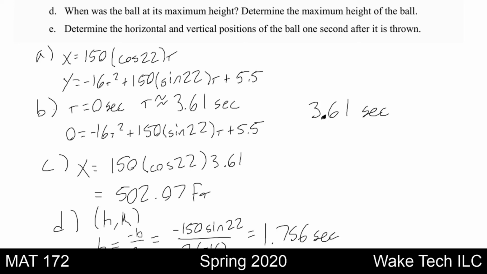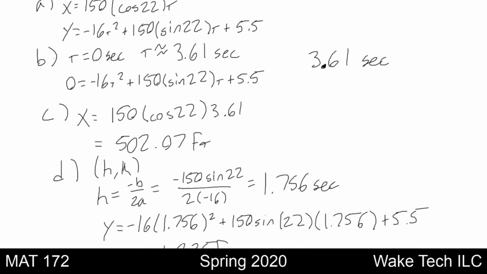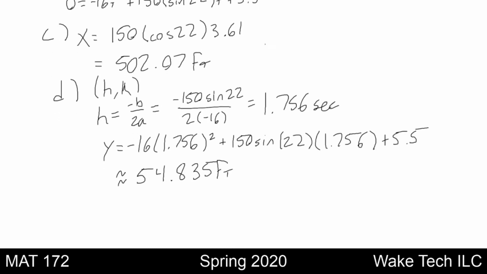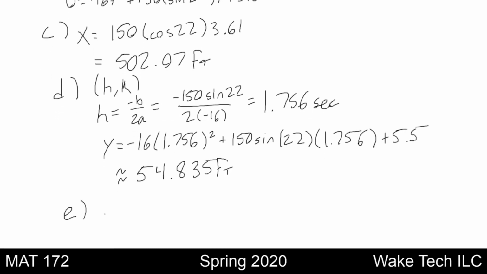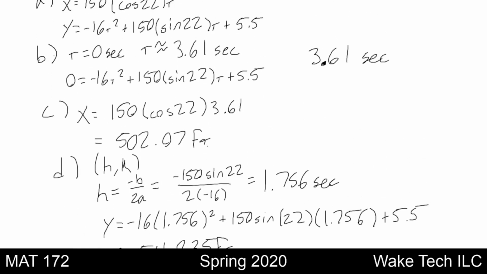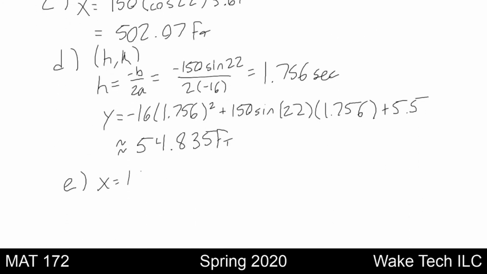Part E is asking us to determine the horizontal and vertical positions of the ball 1 second after it is thrown. Luckily, that 1 second is a t value, and we want to know the horizontal and vertical positions. Luckily, that's just x and y, so we can just plug that 1 in. All this is asking for us to do is plug in 1 into our x and y equations. That is, x would equal 150 cosine 22 times t, which t here is going to be times 1.